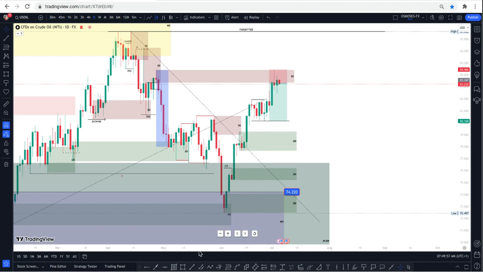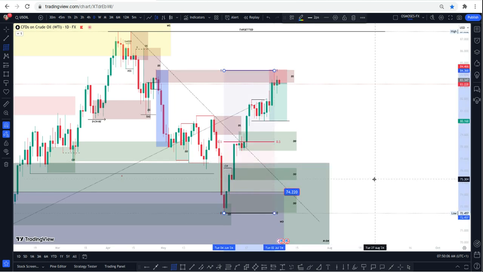Now if I look at which zone will be on my equilibrium and premium, you can see that this zone fits perfectly, if the sell setup works. Also let me check how my fib will react to it.